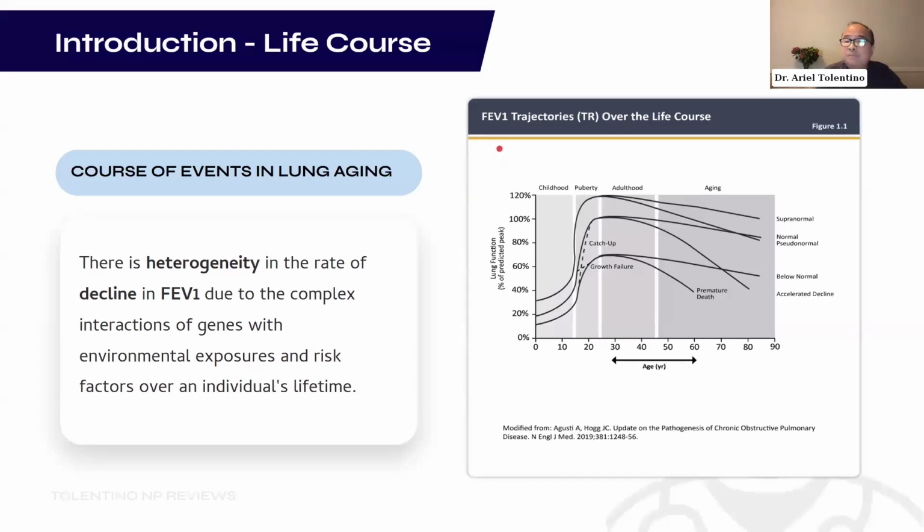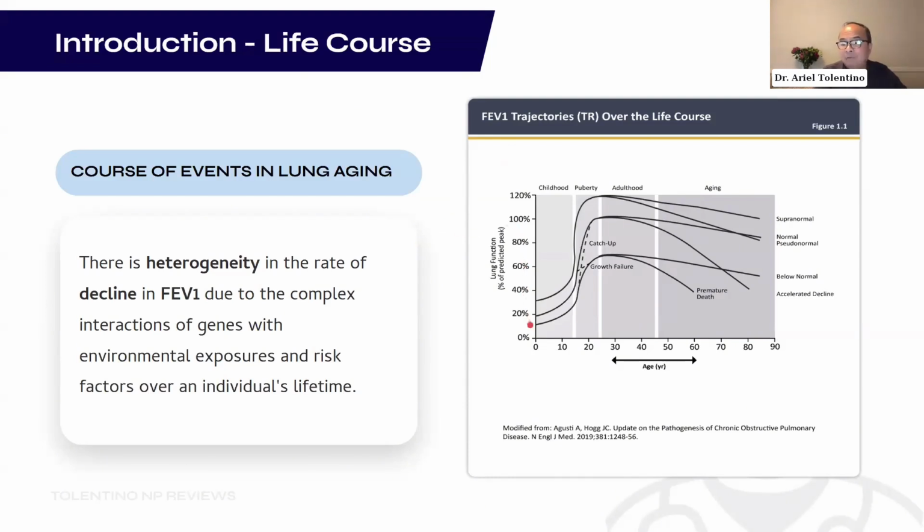FEV1 is your forced expiratory volume in the first second, and it highly correlates with lung function. And these trajectories are based on the complex interactions of genes and environmental exposure to those risk factors I mentioned in the environment, also intrinsic problems like the genetic makeup of an individual affecting the decline of FEV1.